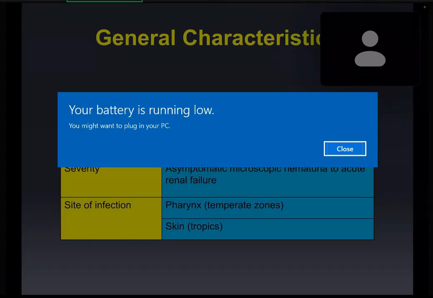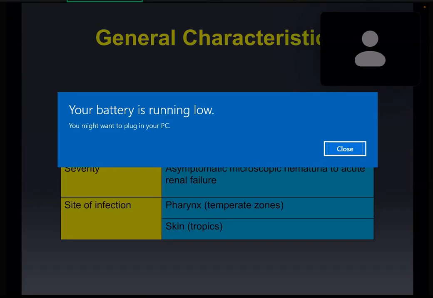And also, it's more common in males. I don't have any idea about it, but I think that because males probably have a stronger maker of antigen-antibody, that's why they are more commonly seen in the male population.